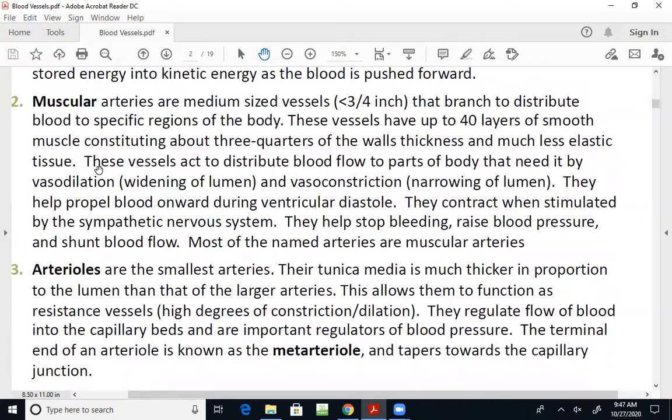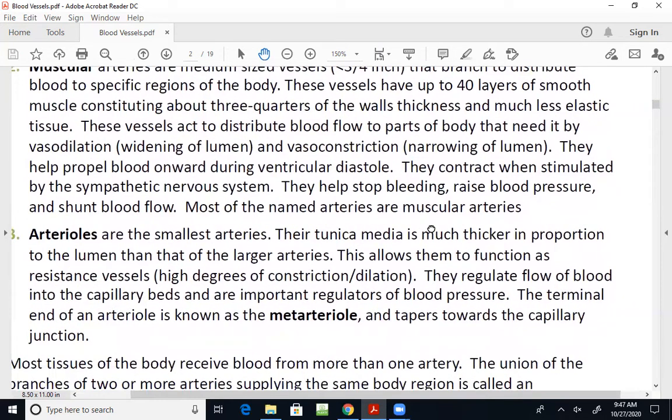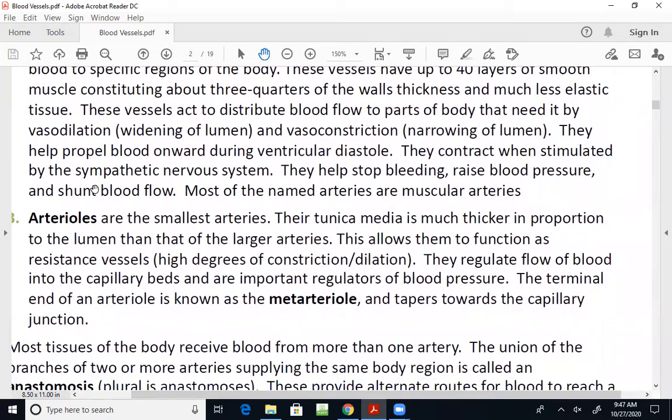They can perform lots and lots of vasodilation, meaning they widen their lumen, or vasoconstriction, narrowing the lumen, to help distribute the blood flow to the parts of the body that need it. They help propel blood onward during ventricular diastole, which is just a fancy way to describe the time when our ventricles are relaxed.